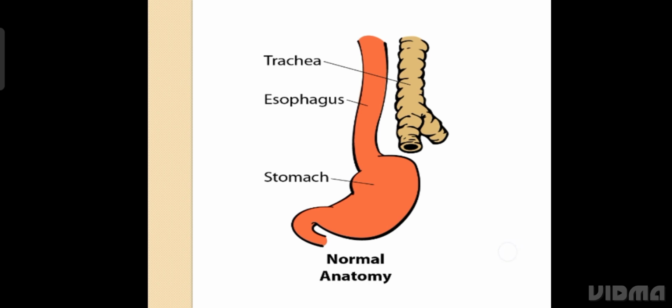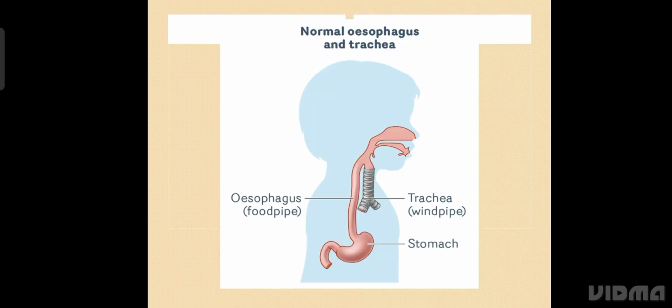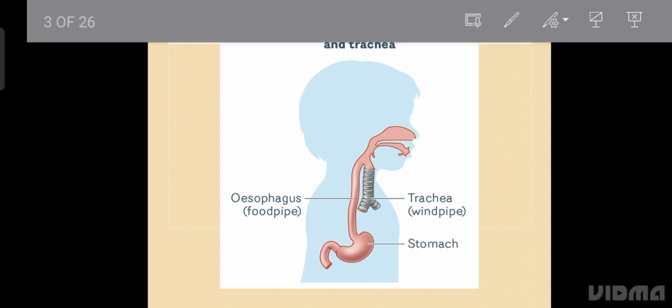So in this condition, there is an abnormal connection between the trachea and esophagus with a fistula. You can see here there will be an abnormal connection between the trachea and esophagus.